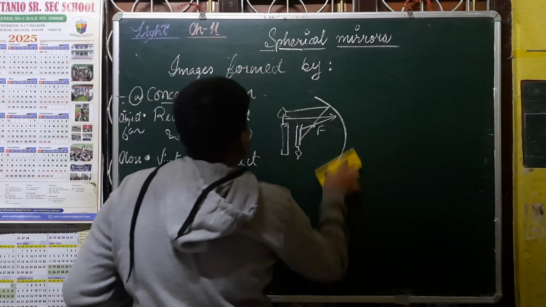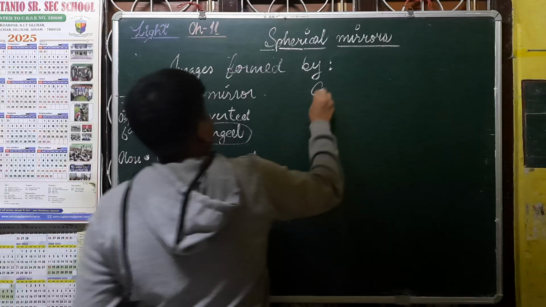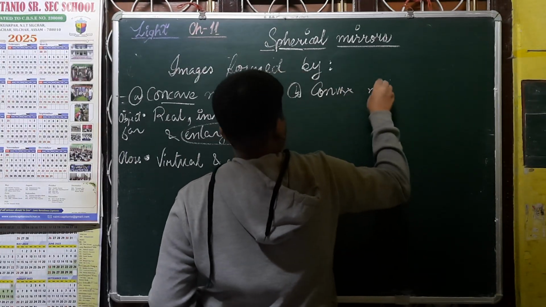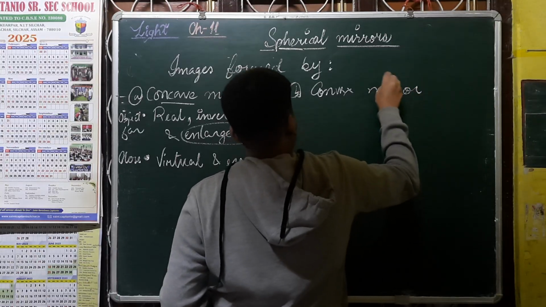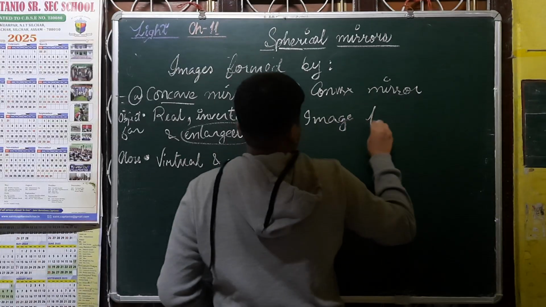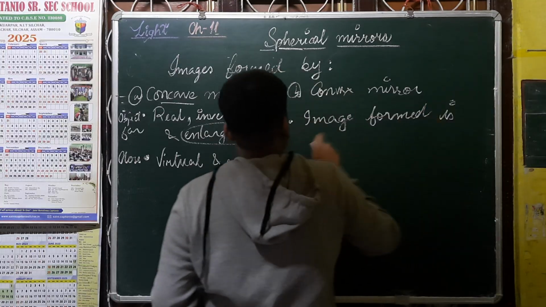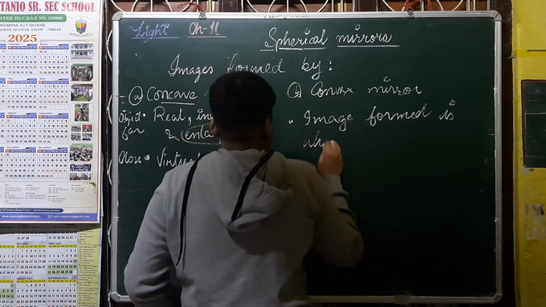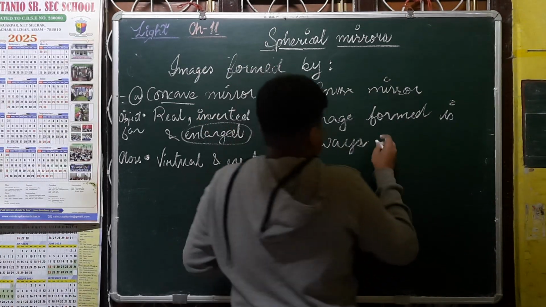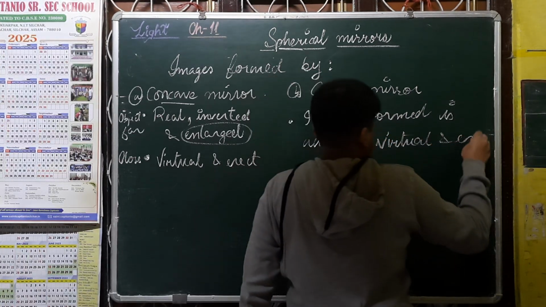But in the case of convex mirror, the image formed is always virtual and erect.